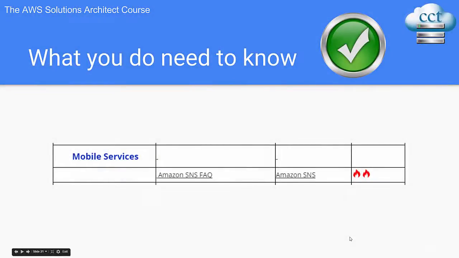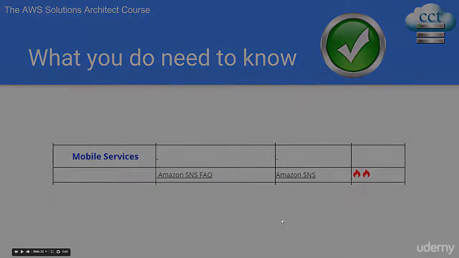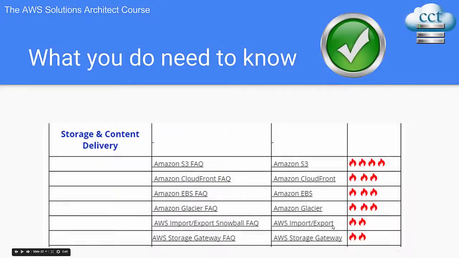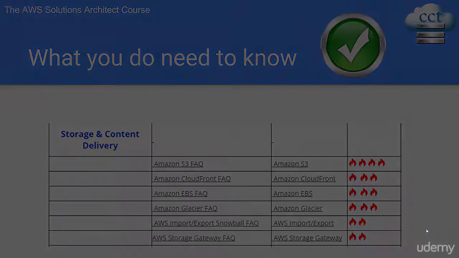Mobile services, as I talked about before, the only thing you have to worry about in that area is SNS. Storage and content delivery, very important aspect of AWS, and these are the ones you need to concern yourself with surrounding this exam. S3 probably being the most important. There seem to be a lot of questions popping up on S3, which we will get to and go through.